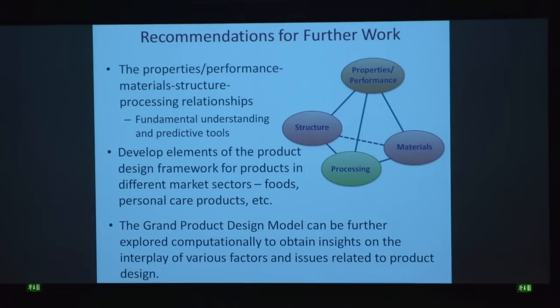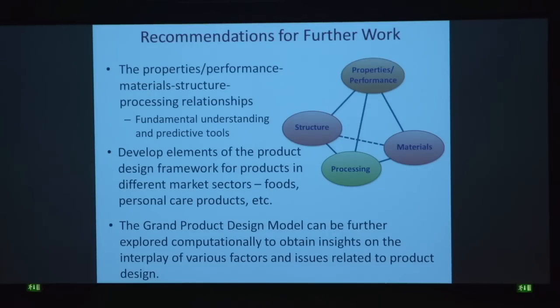Now, as we go forward, the reason that I showed the slide on the different market sectors is that if we are going to make an impact, we have to be very specific and we have to have all the details. So I would like to suggest that we develop the elements, whatever method, experiments, and so on, for different market sectors.